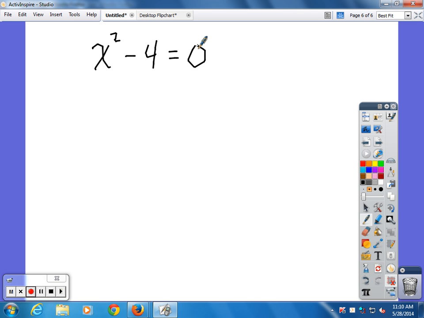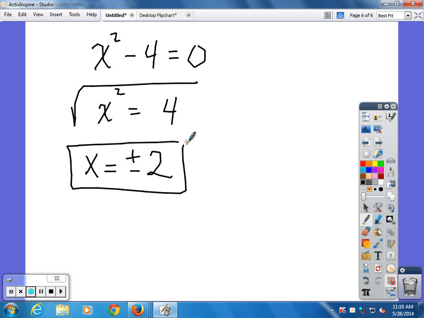So that will give us x squared is equal to 4. Now how do you get x by itself when it's raised to the second power? Take the square root. Anytime you got something squared, take the square root. Anytime you got something cubed, take the cube root. Anytime you take something to the 4th power, you take the 4th root. You get the picture? So if I want to find something squared, I take the square root of it. X is equal to positive or negative what?